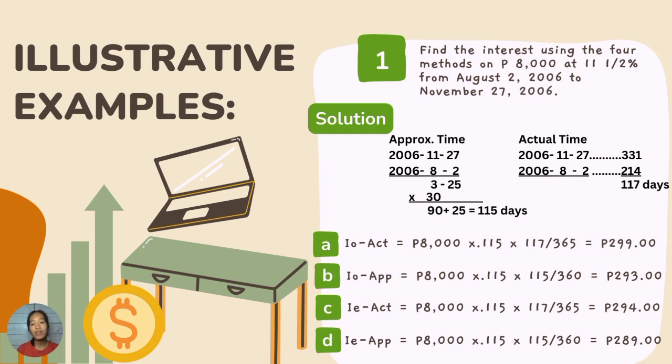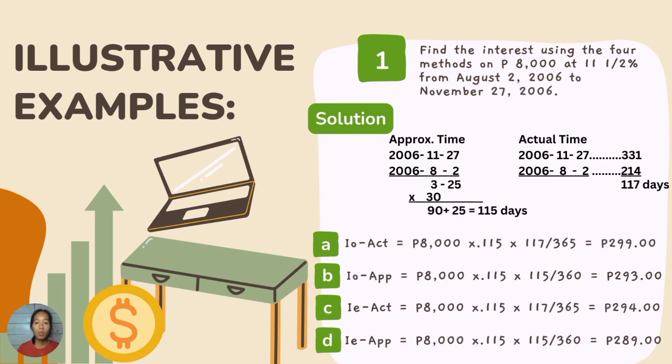Then from January 1, 2006 to August 2, 2006, we have 214 days. So we subtract 214 from 331 and we come up with 117 days. So that will be our actual time.